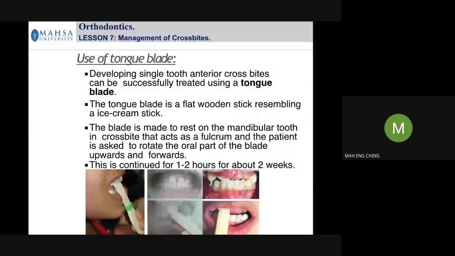Again, this one is considered removable, so you need patient compliance. If the patient does it right, the correction will happen. But this usually involves 1 or 2 teeth. You can see the blade is not too wide. If you have 1 or 2 teeth, maybe you can use an ice cream stick. If you have 2 or more teeth, then maybe you can use a normal tongue blade you can buy from a pharmacy.